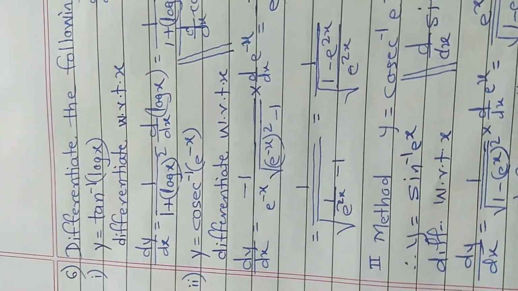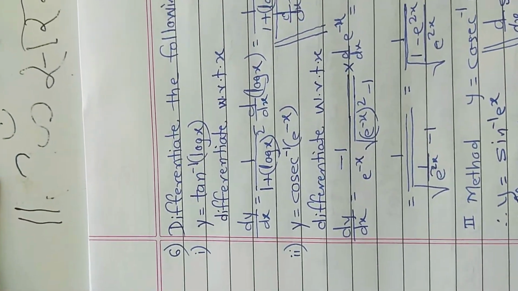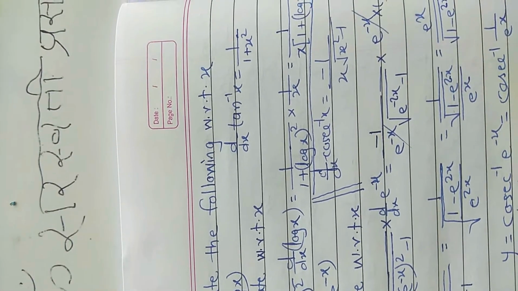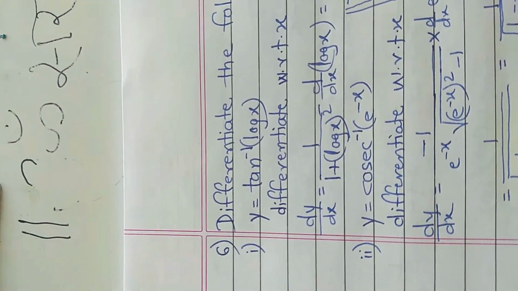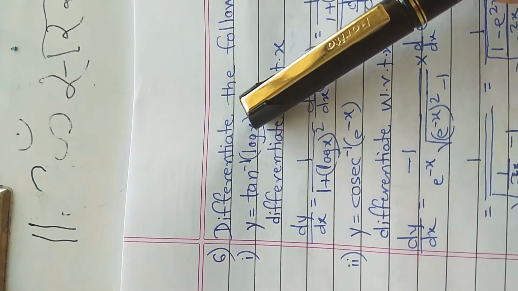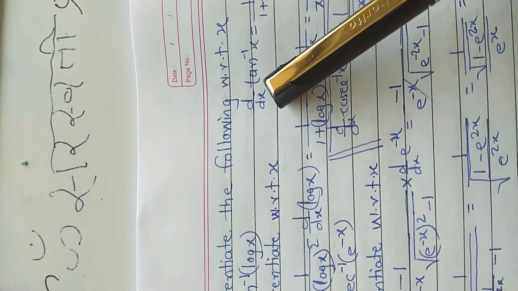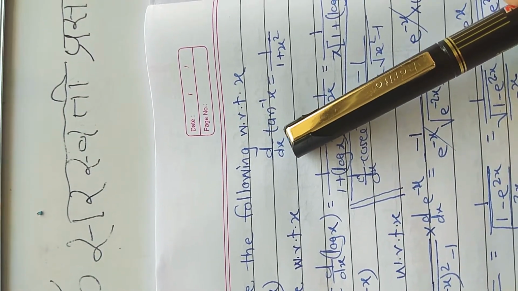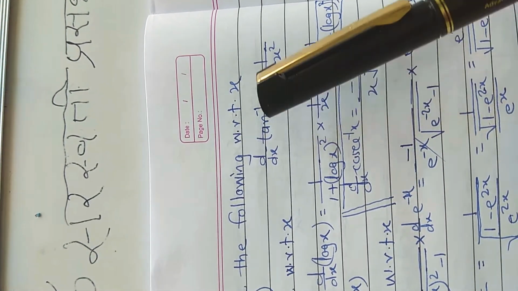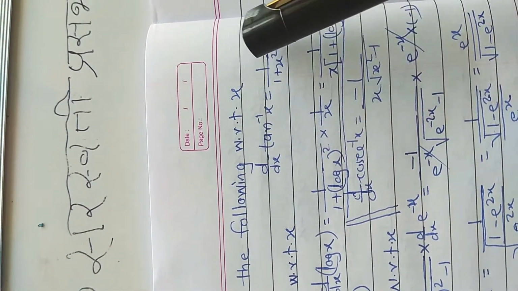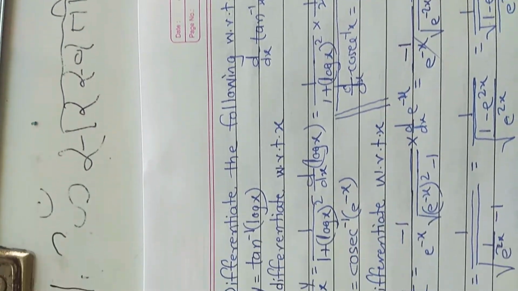Now, question number 6. Differentiate the following with respect to x. y equal to tan inverse of log of x. First of all, we want to find out what is derivative of tan inverse. We know the derivative of tan inverse is equal to 1 upon 1 plus x square.